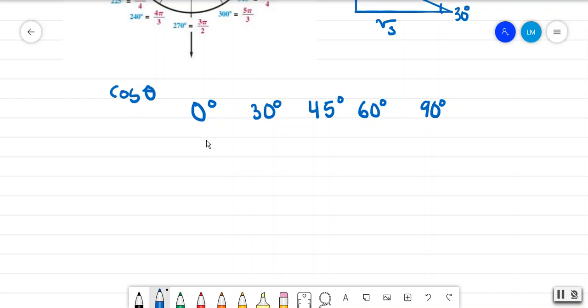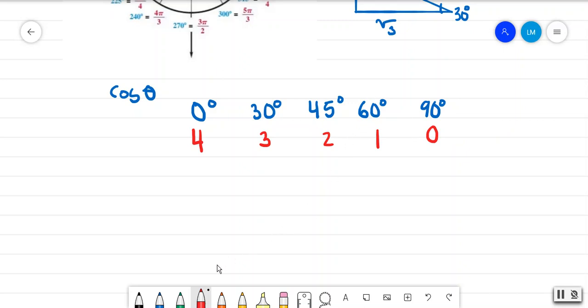Now, this method requires that we do the following. You have to list out the numbers 4, 3, 2, 1, and then 0. Think of it like your hand, from your thumb to your pinky. 0 degrees is your thumb, 30 is your index, 45 is your middle finger, 60 is your ring finger, and 90 is your pinky.